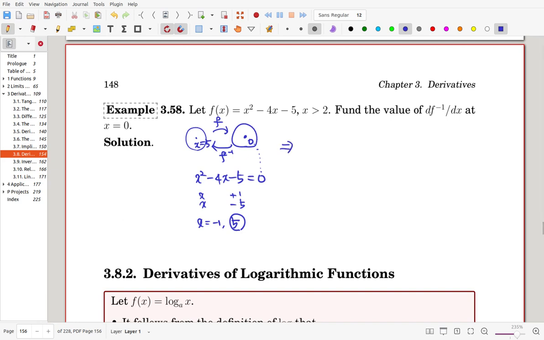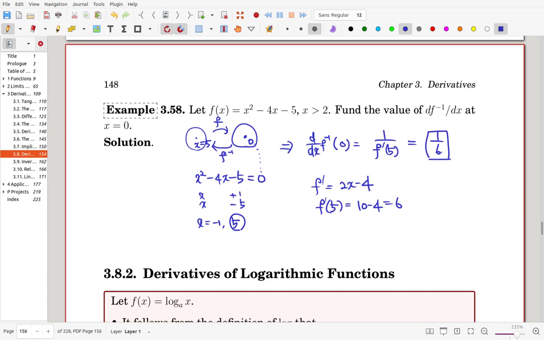So here we can say that the derivative d over dx of f inverse at the point 0 is the same as 1 over f prime at 5. So we have to get f prime, that is 2x minus 4, and f prime at 5 is 10 minus 4, which is 6. Right? 2x minus 4. Okay. So the answer is 1 over 6. That is the final answer.